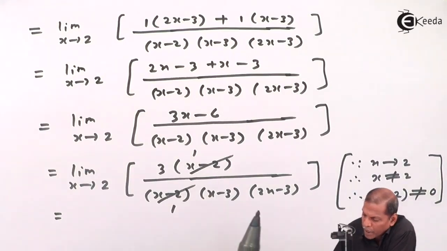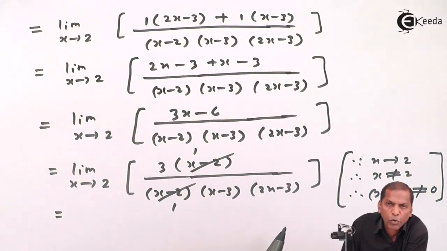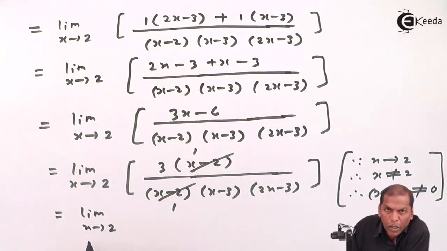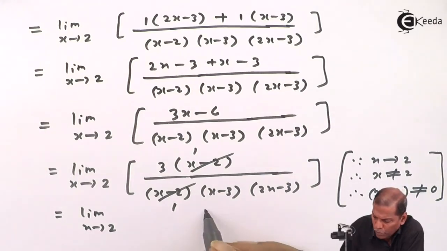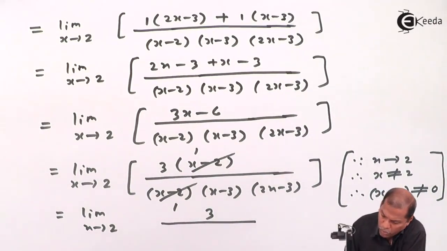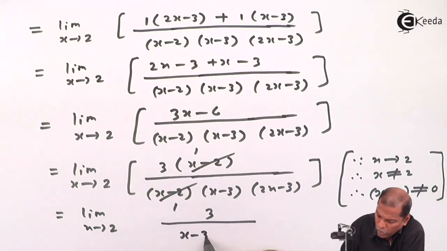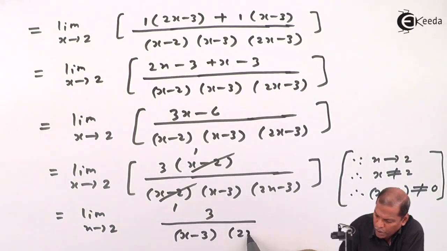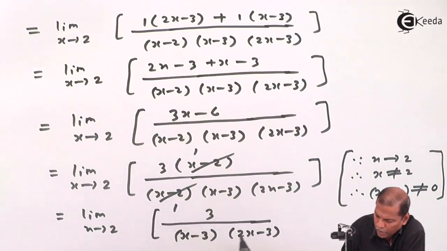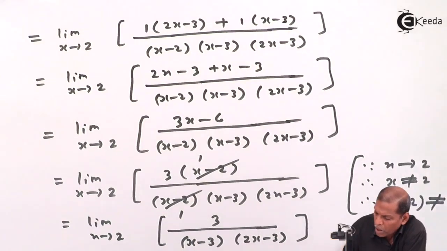It means we can cancel the term x − 2 from the numerator and denominator. So the next step will be the limit as x tends to 2 of 3 upon (x − 3)(2x − 3).